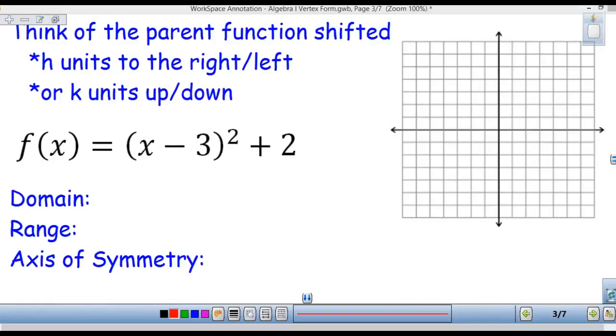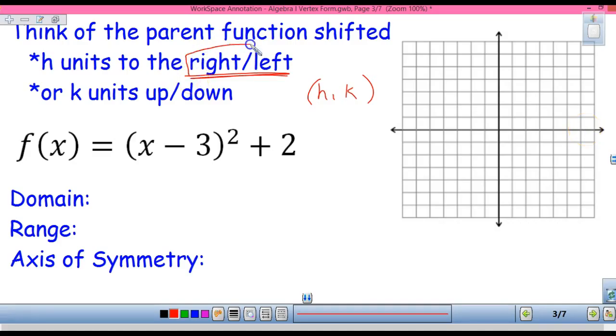All right, h moves our graph left and right, okay? Because if I'm doing my vertex, remember vertex is h, comma k, right? Okay, this is my x, right? And the x-axis moves things which directions? Left and right, right?